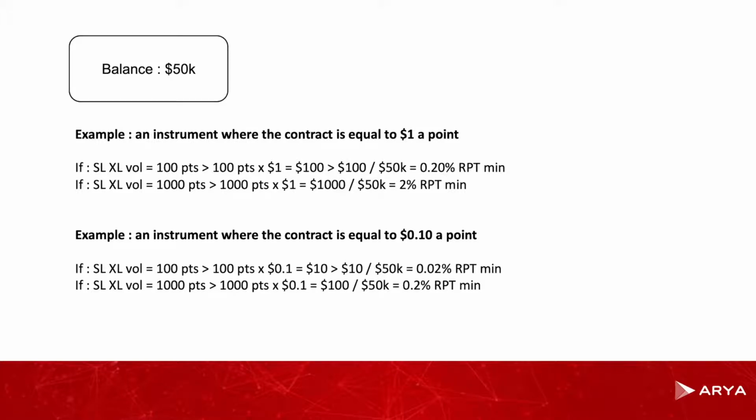Now, if the stop loss, we'll say it's volatility based as XL, on a day where there's not too much going on in the markets, they're not so volatile, let's say Arya calculates you've got 100 points within your stop loss. 100 points, $1 a point, as outlined in the contract, $100. $100 of a $50,000 trading account is a 0.2% risk per trade minimum.